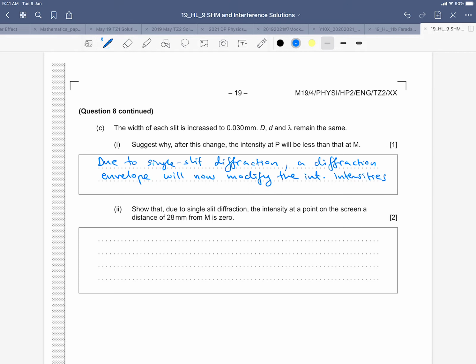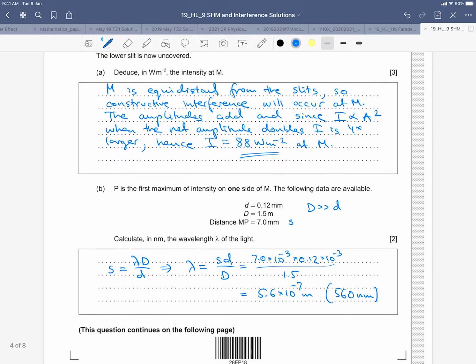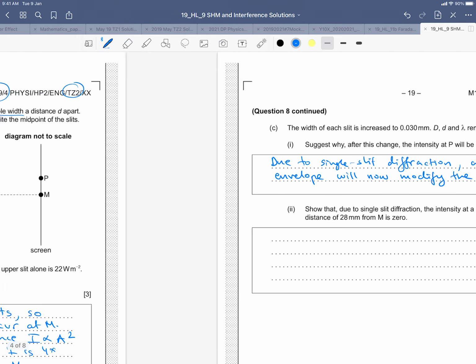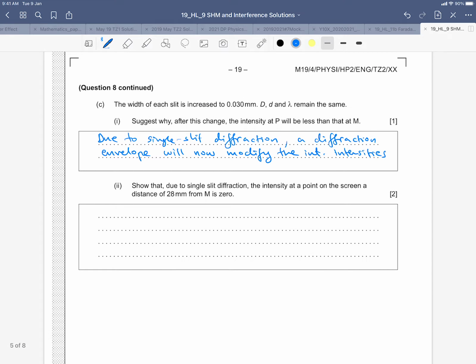Show that due to single slit diffraction, the intensity at a point on the screen at distance 28 millimeters from M is 0. Okay, let's do that. Well, we know that the first minimum in the diffraction pattern of a single slit occurs at this angle.